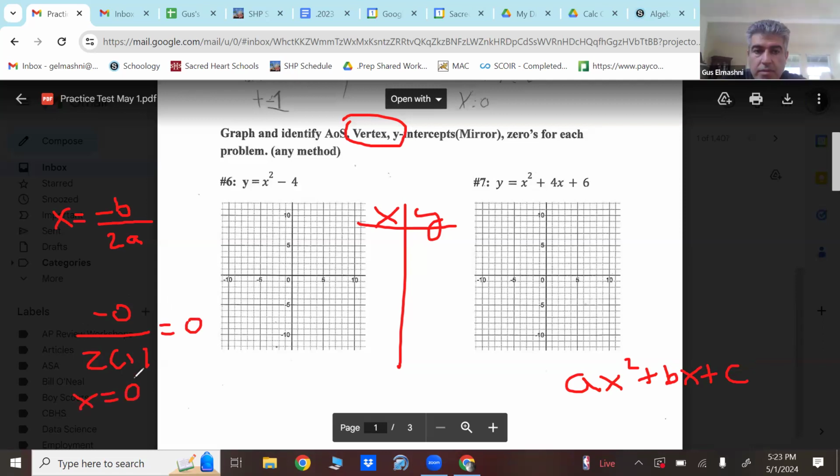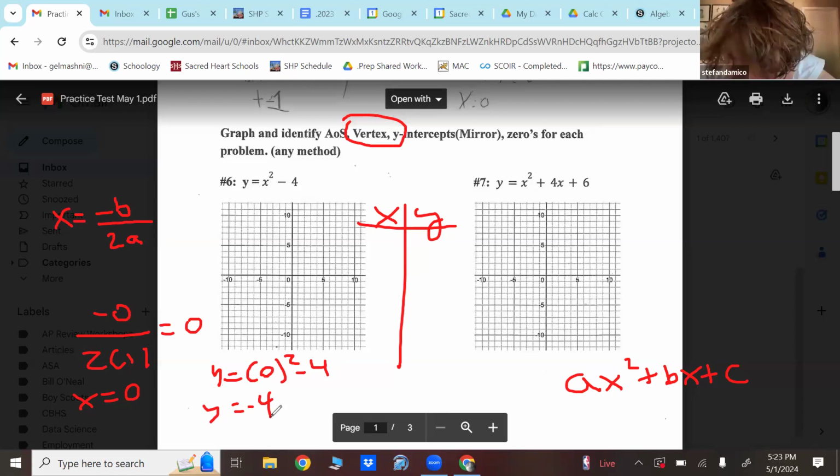So x is 0. Now, if you plug 0 back into the equation, so that's the vertex.